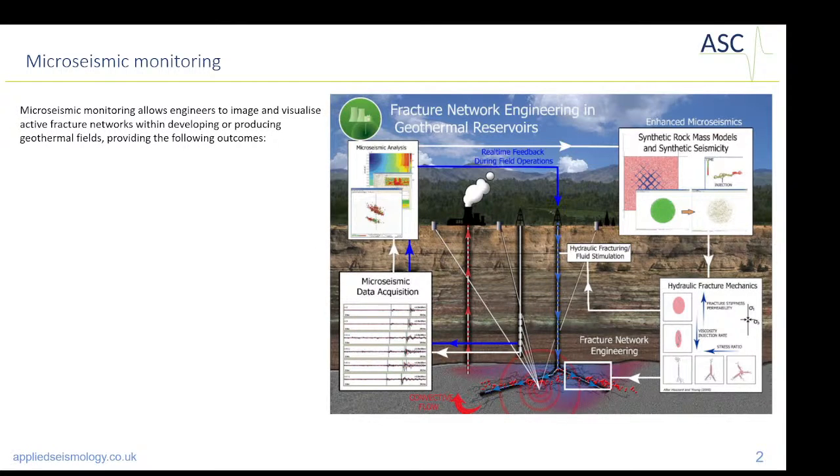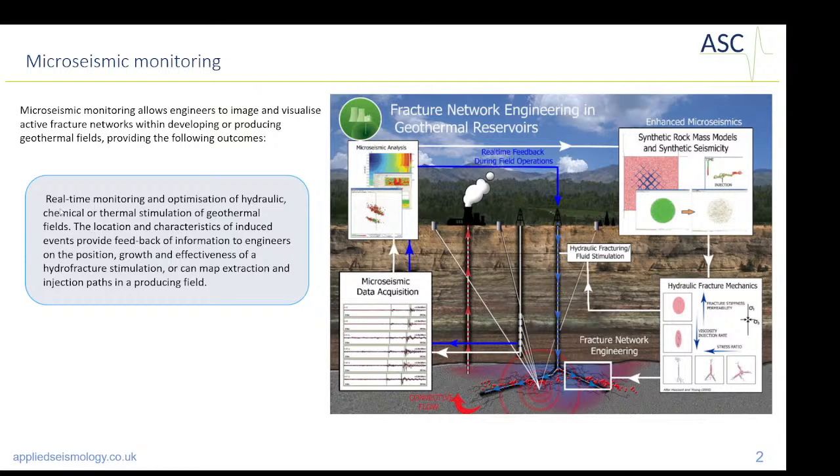And what does microseismic monitoring do for understanding the behavior of geothermal systems during a stimulation? Well, it allows us to get an image, basically visualize the active fracture network, either newly induced or reactivated, within a developing or producing geothermal field.